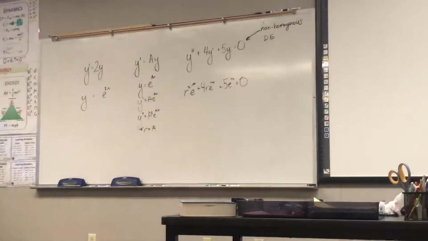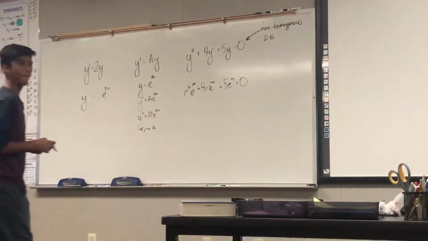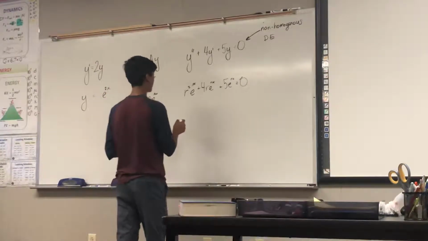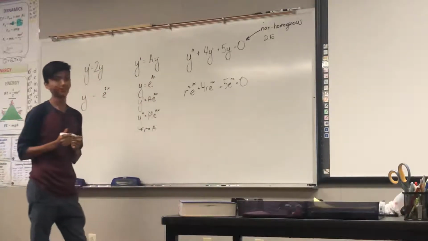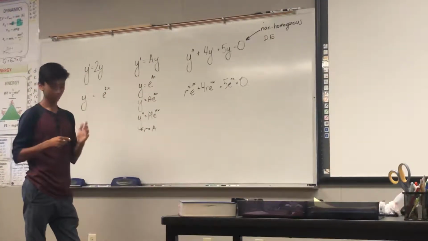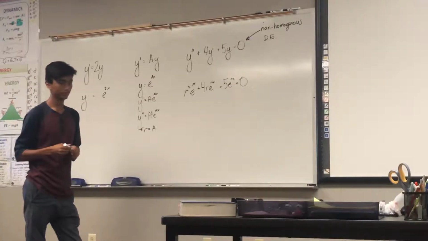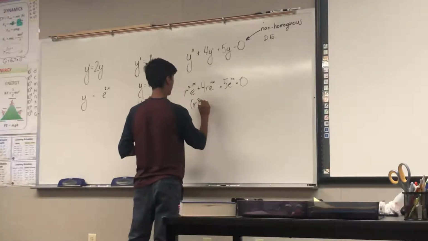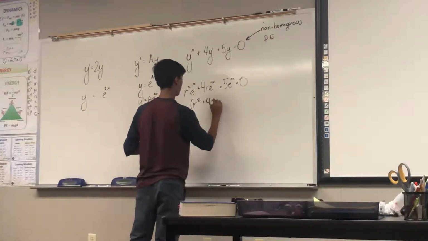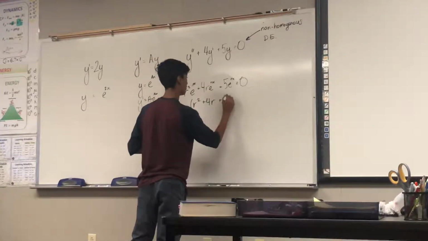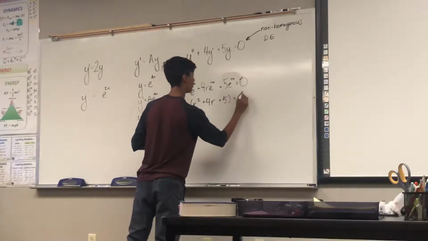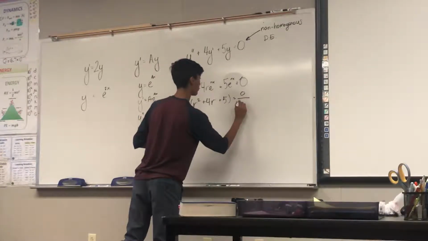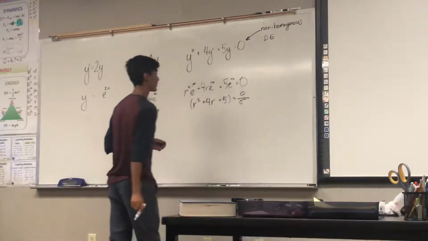Do you know what you could do after this? Wouldn't you factor out all the e to the rx? Yep. Then the e's cancel out, so it's just r squared plus 4r plus 5. Isn't that a quadratic? Yep, that's exactly right.